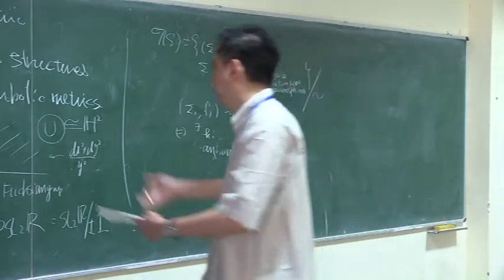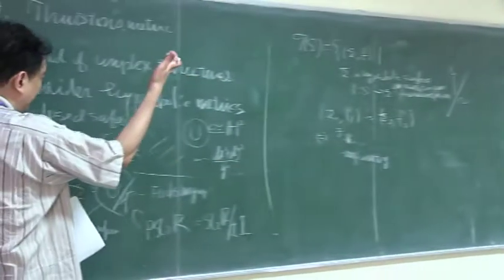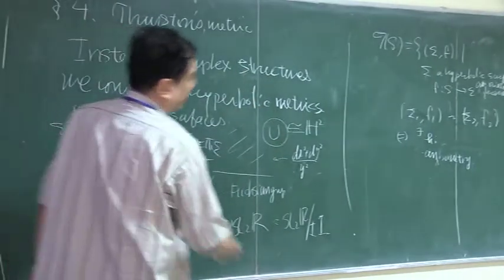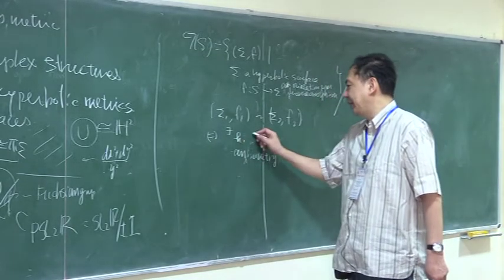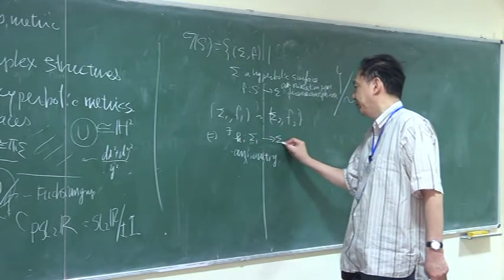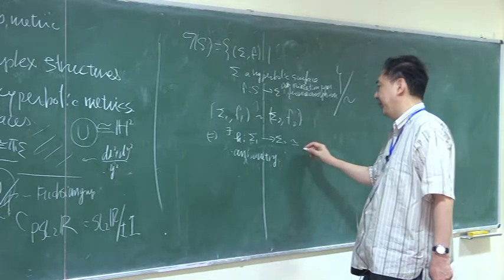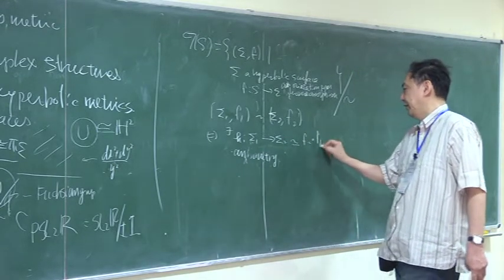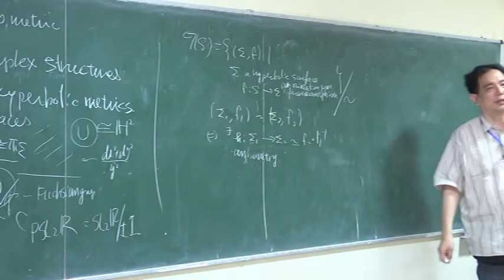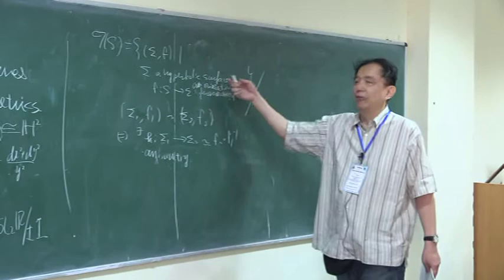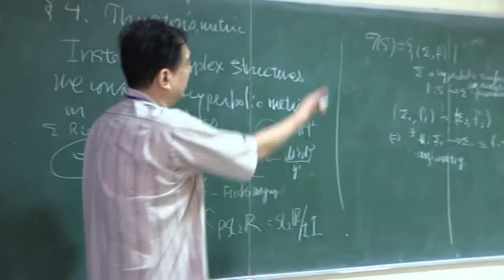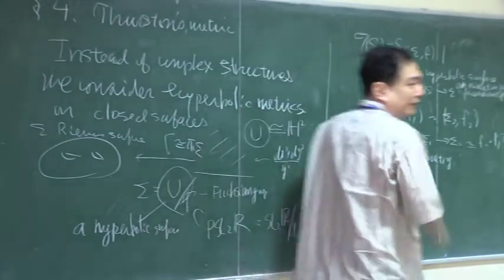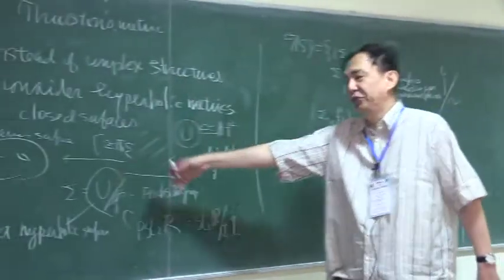So we assume we orient U and that induces an orientation of sigma. Then if there exists an isometry from sigma 1 to sigma 2 homotopic to the composition of F2 and F1 inverse as before, then they are regarded as a single point. This is the same as the previous definition if we consider the uniformization theorem.